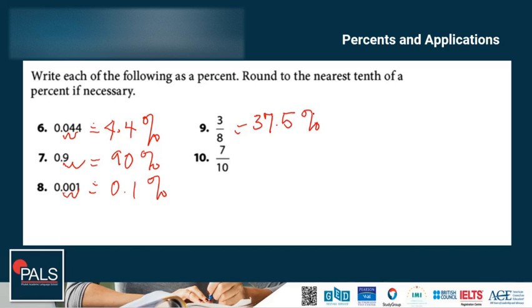Number 10, 7/10 is equal to 70%. Okay, how many correct answers did you get? As you notice, converting between fractions, decimals, and percents is easy. You just need to follow simple rules in conversion.